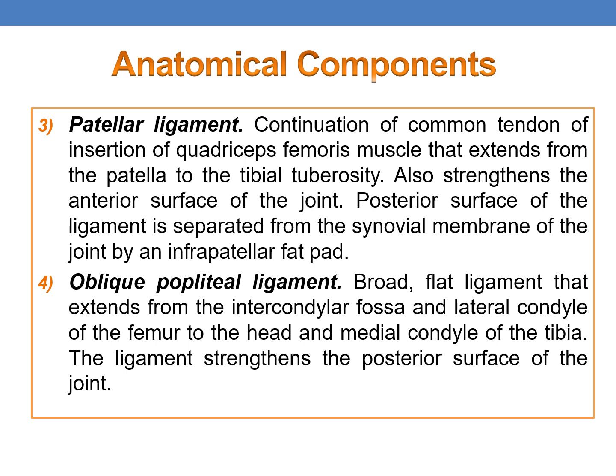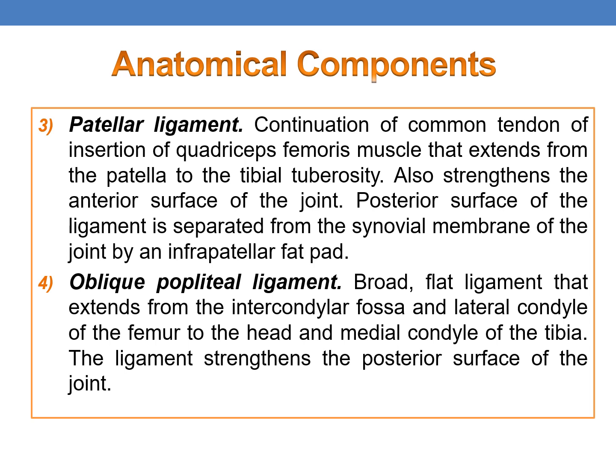The next is the oblique popliteal ligament. It is a broad flat ligament that extends from the intercondylar fossa and lateral condyle of the femur to the head and medial condyle of the tibia. The ligament strengthens the posterior surface of the joint.